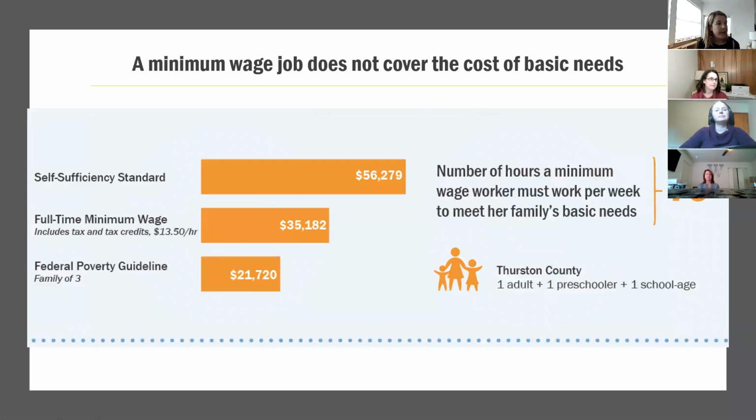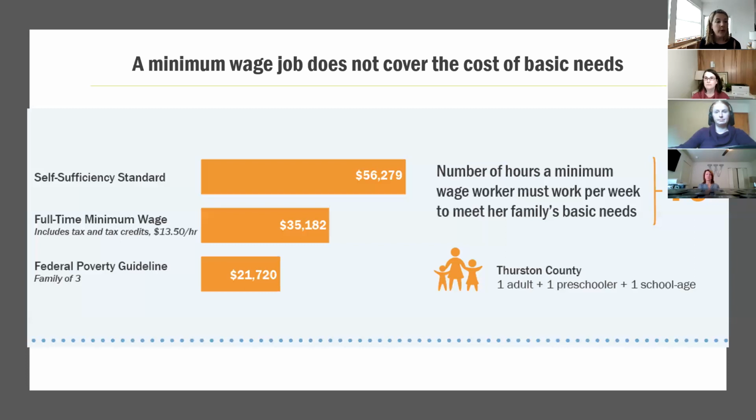In our analysis, we also look at wages and minimum wage, and we compare that with what it takes to meet basic needs in various counties. This depiction shows a Thurston County adult who has a preschooler and school-age child. That adult needs to make $56,279 per year in order to meet their basic needs.